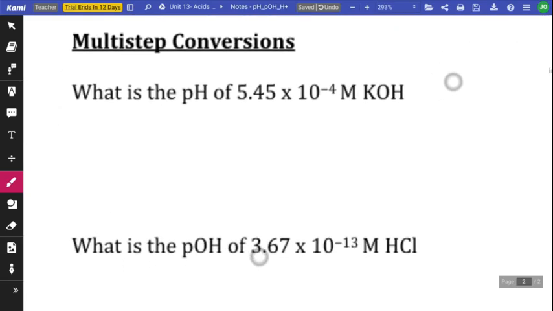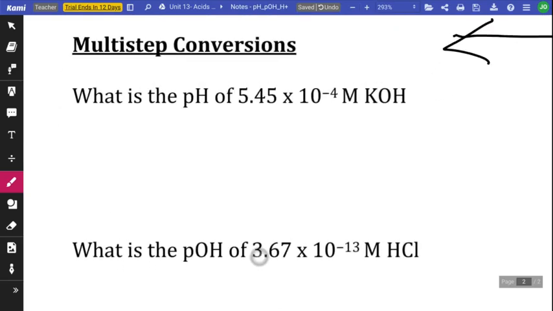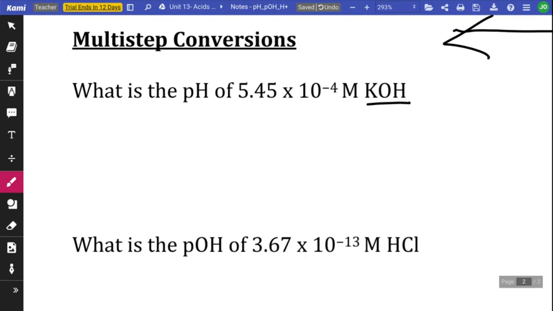So how do I do that? Right now I'm in the hydroxide concentration. My personal favorite way is to go from our concentration to the power. Since I've got the concentration of hydroxide, I'm going to have to go to the power of hydroxide, so I'll do the negative log of that.